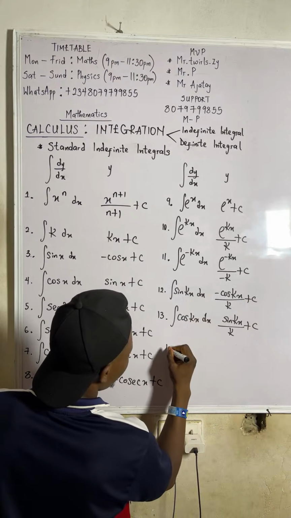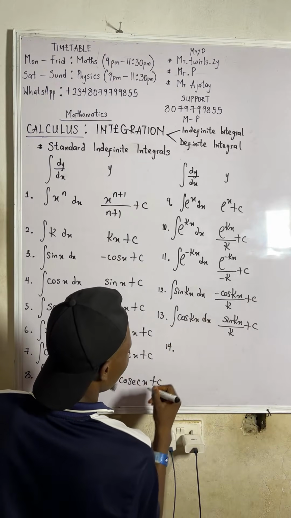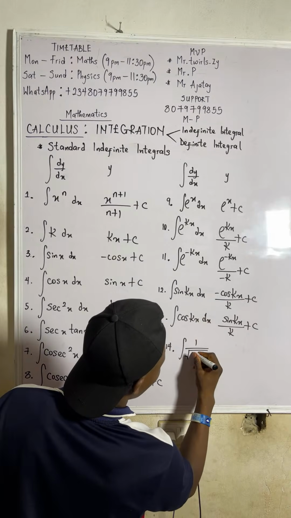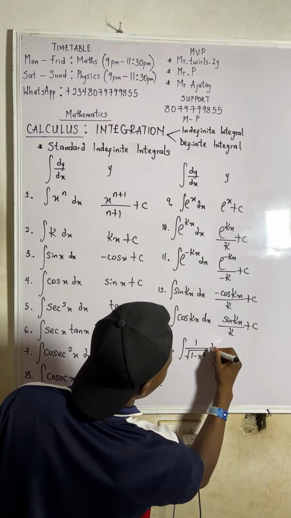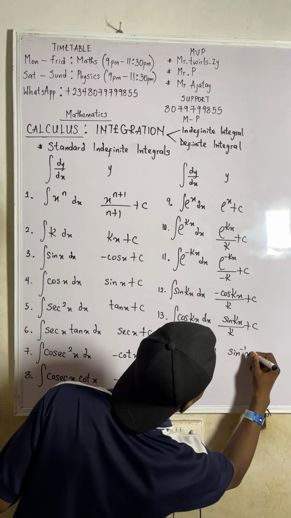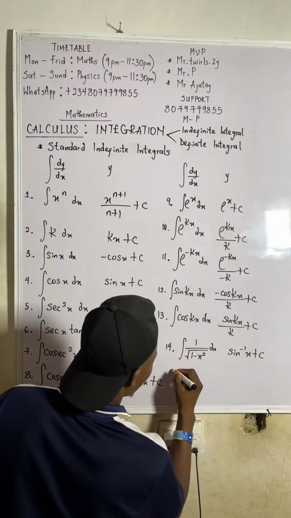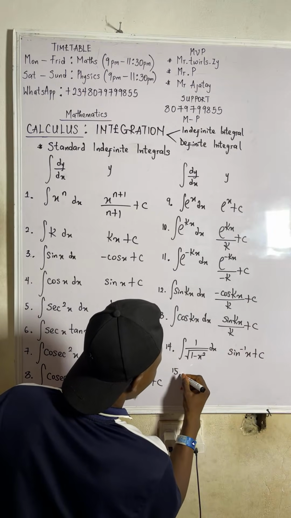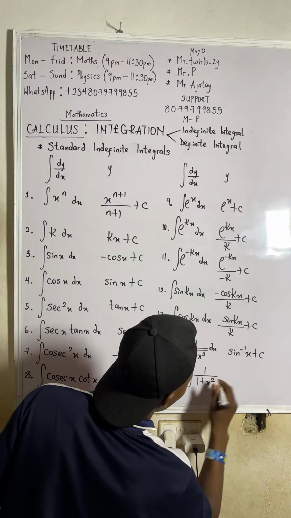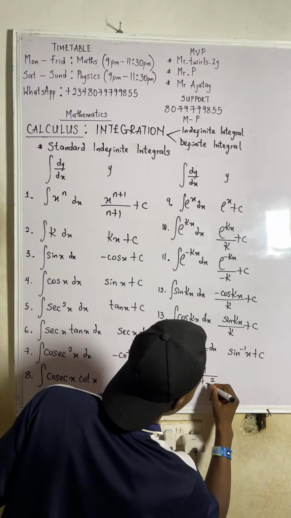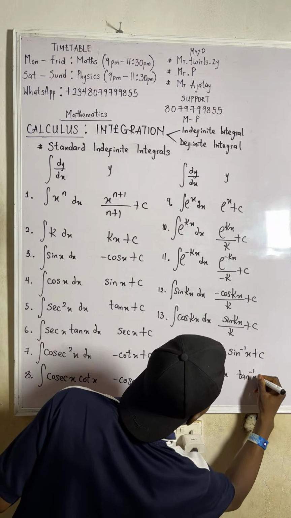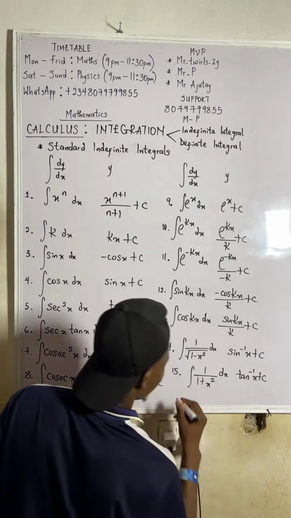So I won't give you more than that. Then 14, integral of 1 over square root of 1 minus x squared in respect to dx is sine inverse of x plus c. Then 15, integral of 1 over 1 plus x squared in respect to dx is tan inverse of x plus c.